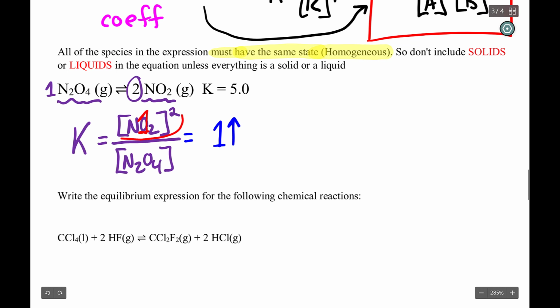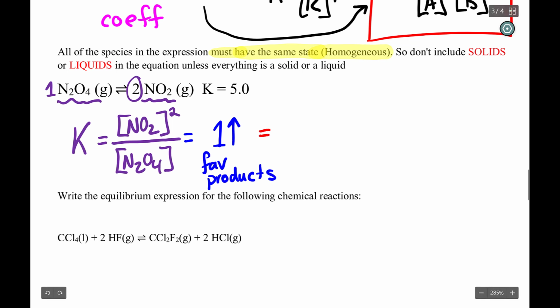If this was 1 over 1, well then it would be 1. But for instance, this K value is 5. So I have to have, in total, when this calculation is done, a ratio of 5 over 1 to give me this K value of 5. So anything greater than 1 means that it favors the products, and you have more products than reactants.